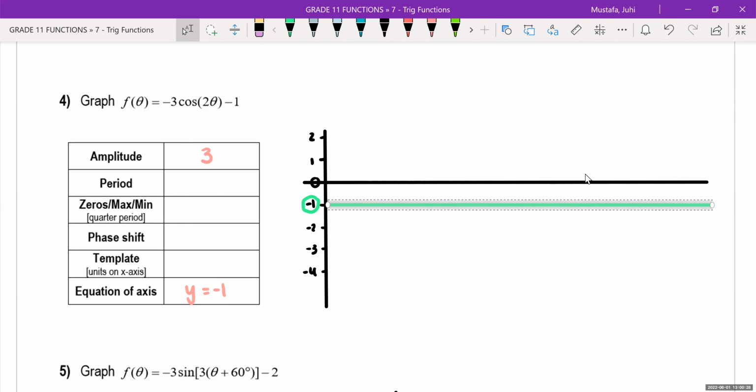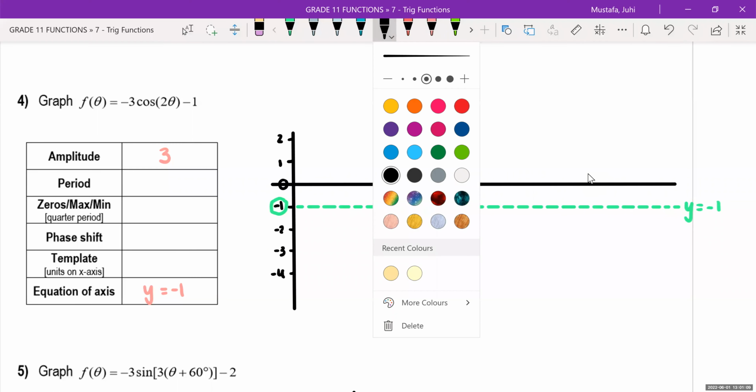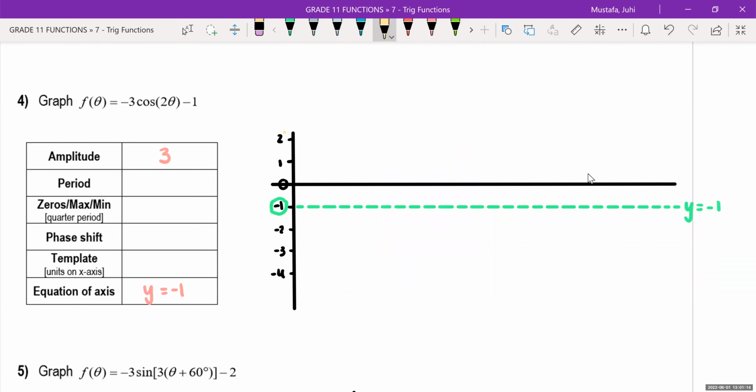All right, so y is equal to -1 is the equation of axis. And then from that position, I'm going to figure out that I move up 3 units to get all the way to the maximum, which is going to be the number 2. And then I go down 3 units to get to the minimum, which is going to be the number -4.